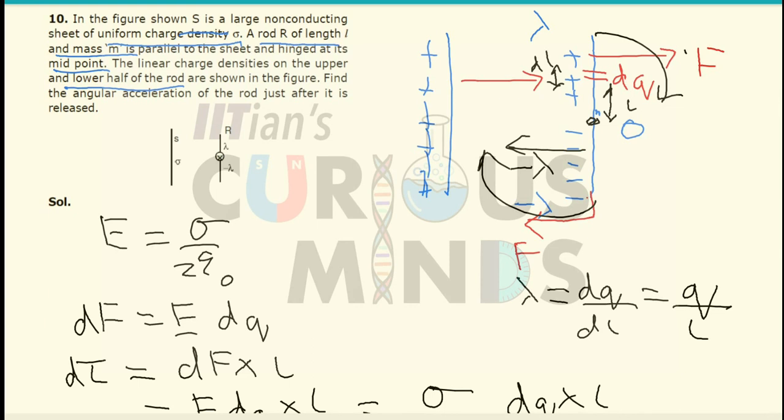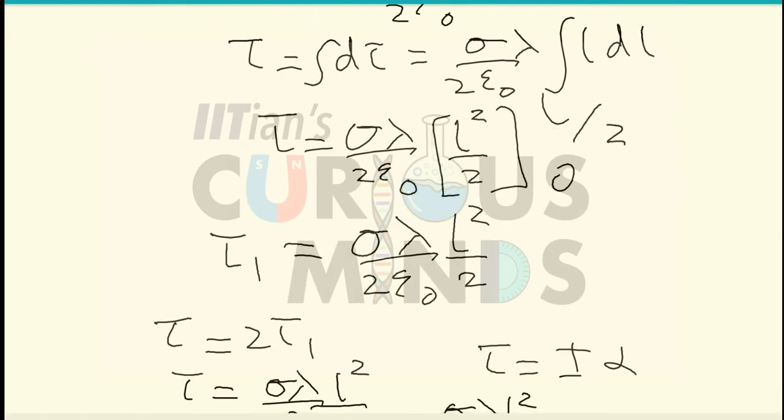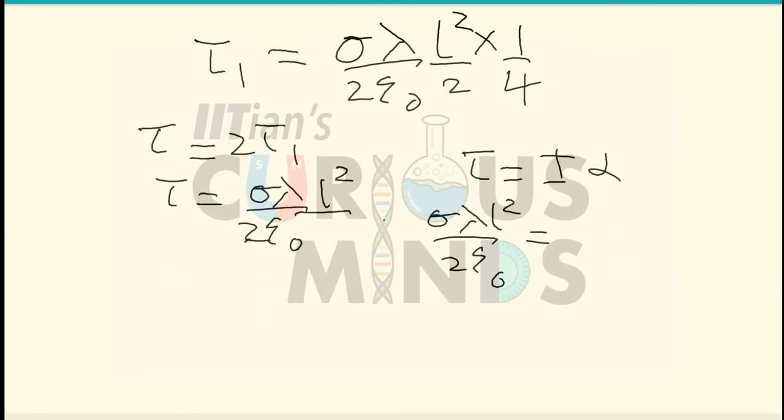The entire length of the rod is L, so the limit should be L by 2, which gives L square by 4, so I get 1 by 4 here.